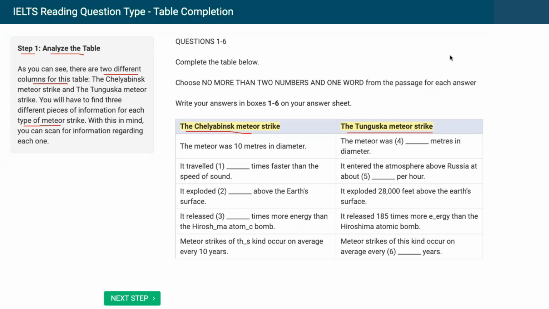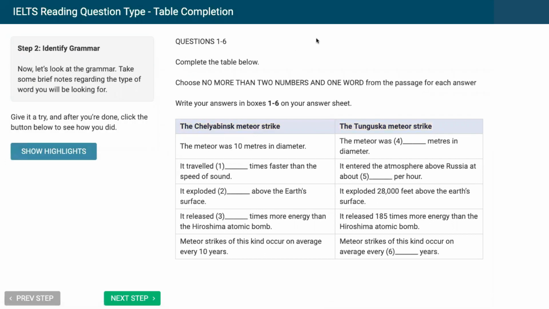I'll go ahead and clear our screen so that we can go to the next step, step 2, everybody's favorite, identifying grammar. All right, we're going to look at the grammar and take some brief notes about the type of word we will be looking for. So I'm just going to briefly read here. I see that a number, 10 meters, is located in the first column.